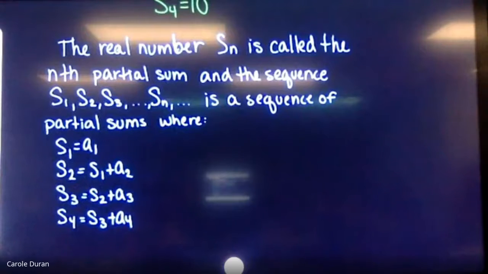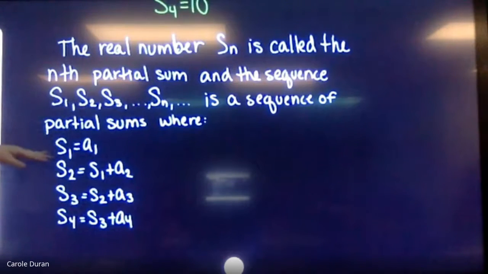So what I've written is that a real number S of n is called the nth partial sum. And then we have a sequence of S1, S2, S3, all the way through Sn and beyond, which is a sequence of partial sums. I took all of these partial sums up to a certain term value, and those made up my S of n for that sequence.